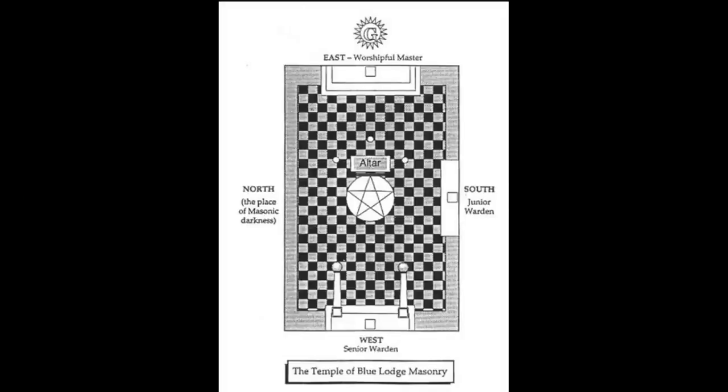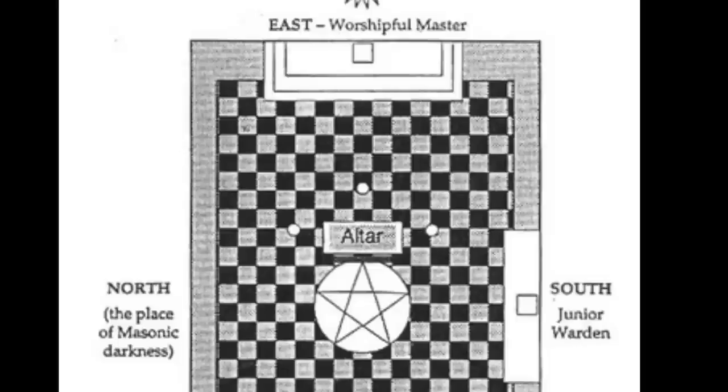During the course of initiation, the Mason is taught that the North is Masonically a place of darkness. The Freemasons worship East, West, and South, and forsake the North.